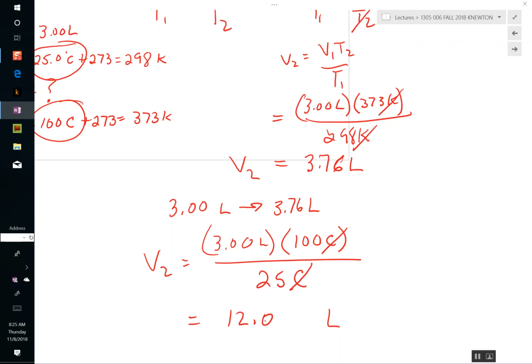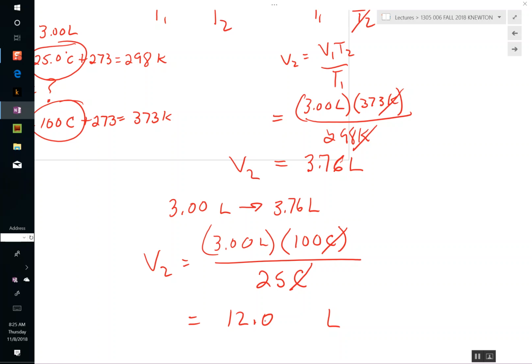You didn't even double it. You just incrementally increased it a bit. Yeah, you increased it 75 degrees Kelvin, but it started out at 298 and it went up to 373, and you only got a slight change in volume. Not this 4 times. You see?